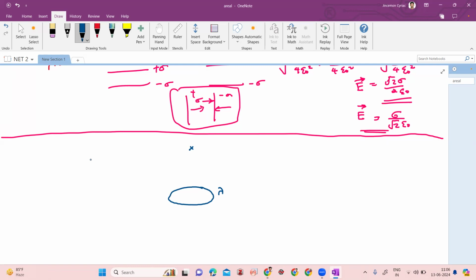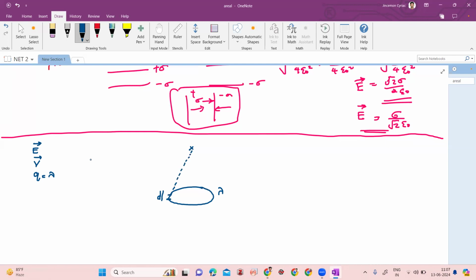We want to find the electric field E and the potential V. The line charge density lambda is given. So we know that Q is equal to lambda into the total length. Here we can consider a very small line element dl and join it to the point we want to find.